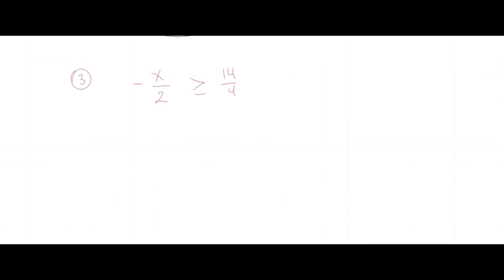We have to get rid of the number underneath the variable x. This number 2, it could be also -2 here, okay? So this is the number that you need to cancel out.